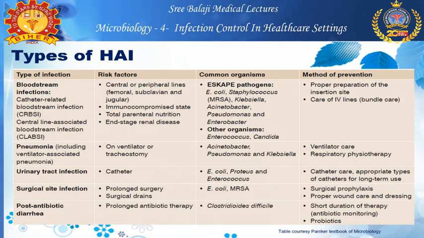If we put a femoral central line, the proximity of the femoral line to the perineum is more, which leads to more infection. So femoral central lines are more prone to CRBSI or CLABSI than jugular. If the patient is immunocompromised, or is getting TPN, or has end stage renal disease, all these risk factors would ultimately lead to a CLABSI.